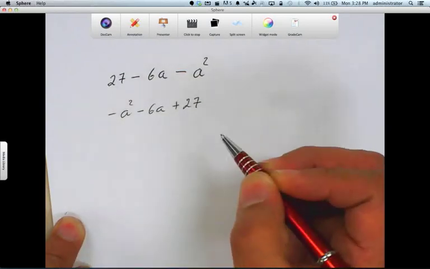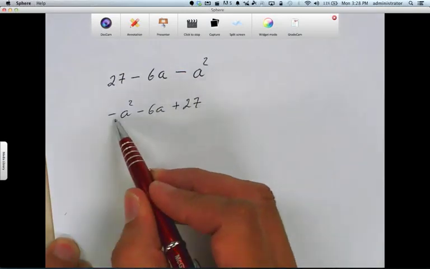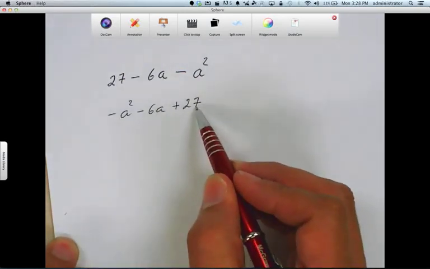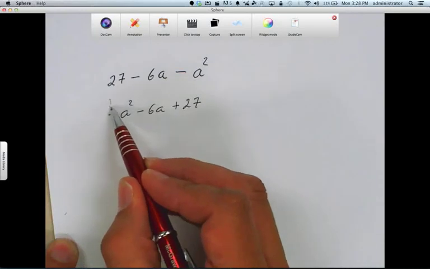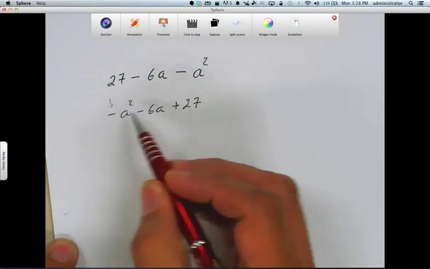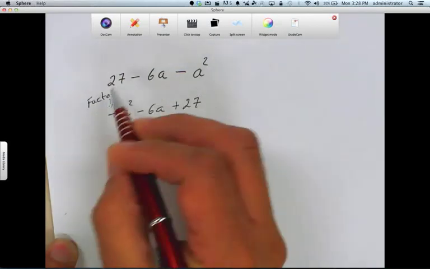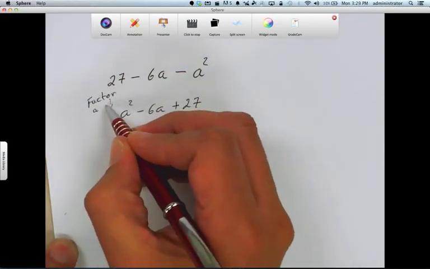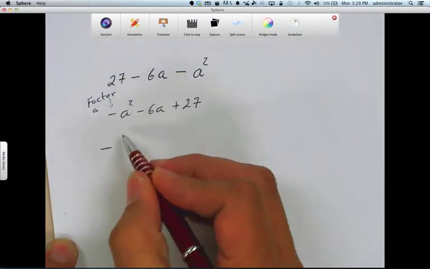Now this makes my problem a little bit easier to recognize as a regular trinomial. The only difference is that I have a negative here. So what I need to do is factor that out. So here I have a negative that I'm taking out, or factoring.